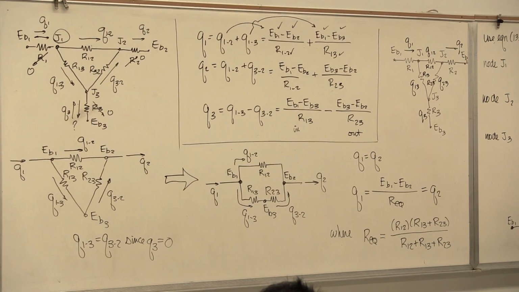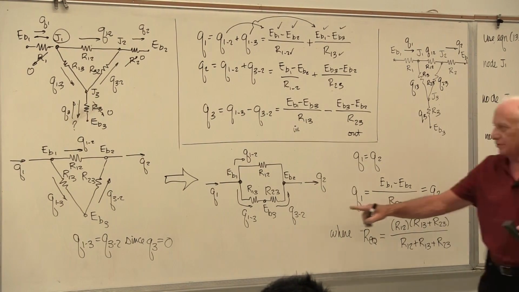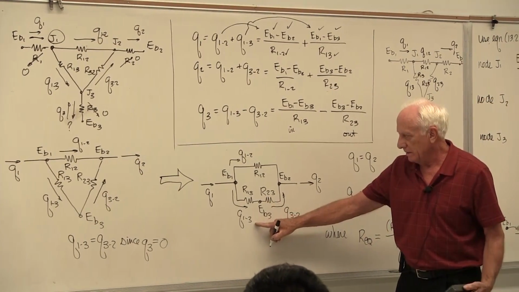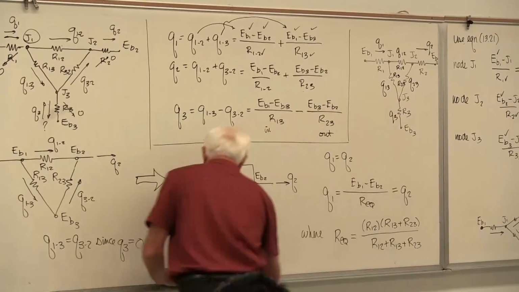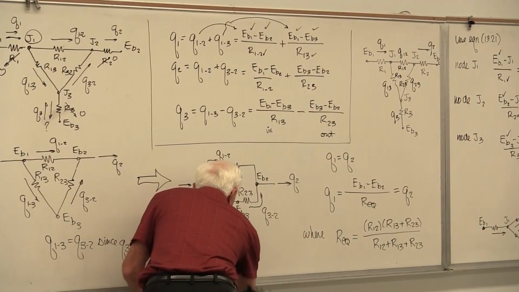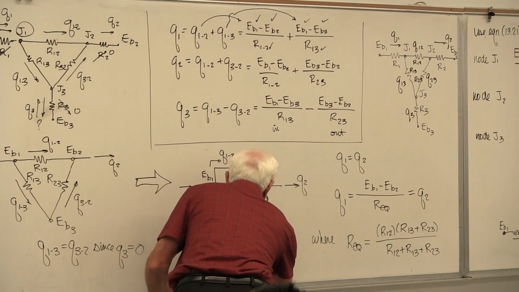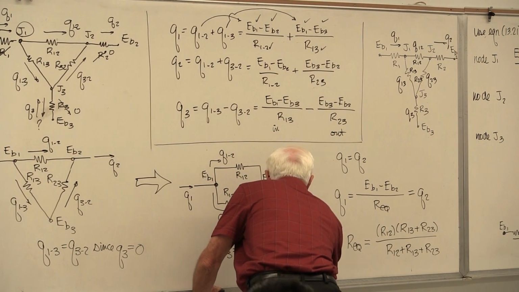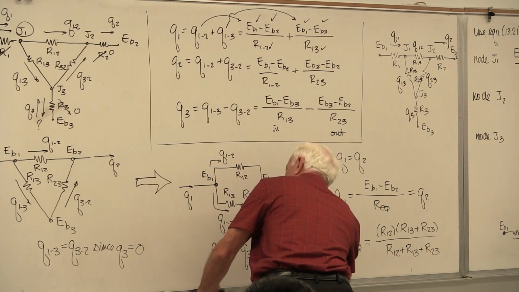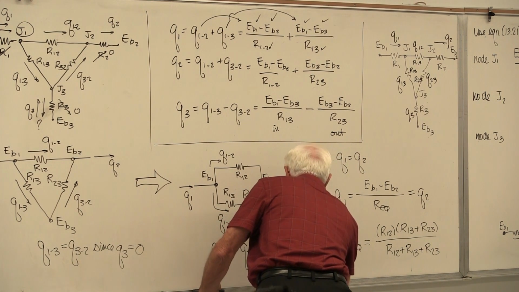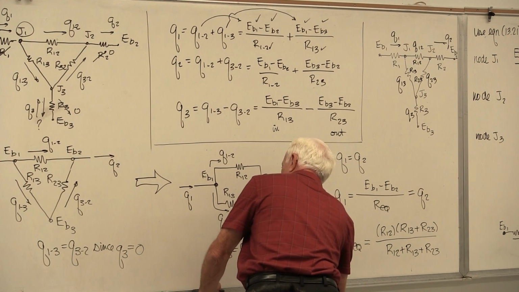If you want to find Q13, it's equal to, I'll put it down here, Q13 is the same as Q32. That's equal to EB1 minus EB3 divided by R13.